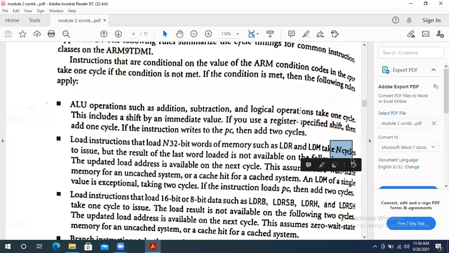Why does it take n cycles? Because I'm using n values. For example, if I take 10 words, it takes 10 cycles, that is, one cycle for one word. That is the meaning of n words, n cycles.